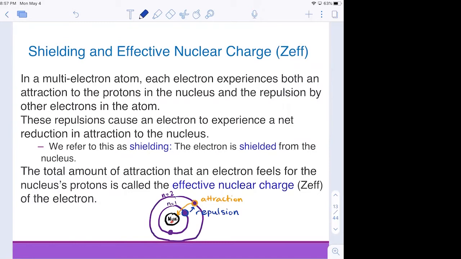They're like an extra layer around the nucleus. And so the outermost electrons are a little higher in energy because they have to balance this attraction and repulsion. We'll again talk more about Z effective, the effective nuclear charge, once we start talking about periodic trends.